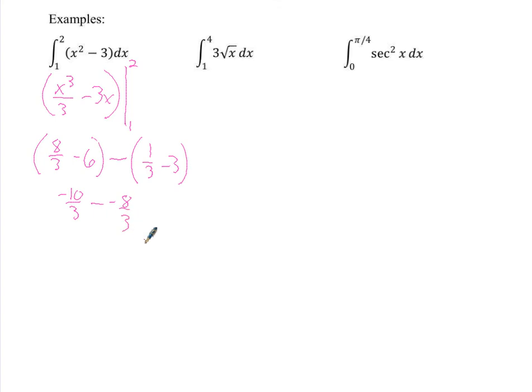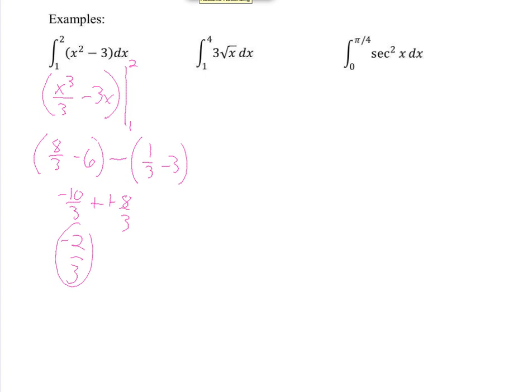Okay, I got negative 10/3 minus negative 8/3. Your rules of algebra 1 come into play here. We make that a positive, and we wind up with negative 2/3 as our answer. You just get used to it.